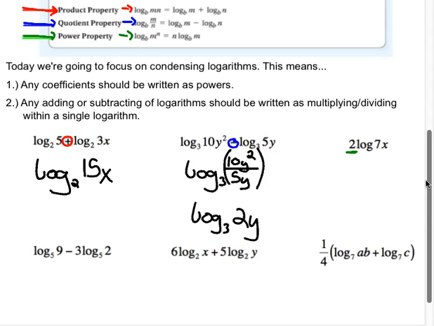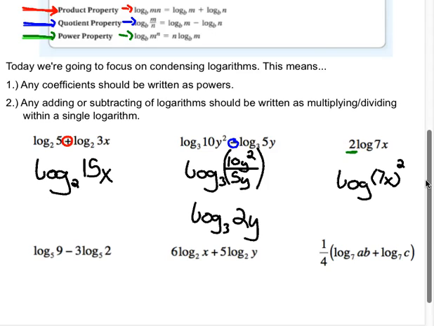This number out front, that equates to the power property. Okay, remember, powers equate to multiplication. So that multiplication that's out front is going to become the power of whatever is in the log, okay?